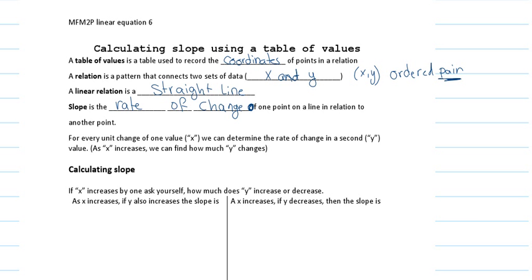So when you're looking at the slope of the line, you're going to ask yourself, how much is y changing for every 1 unit of change for x? So how much is y going up by for every unit of change for x? Remember, it's rise over 1.